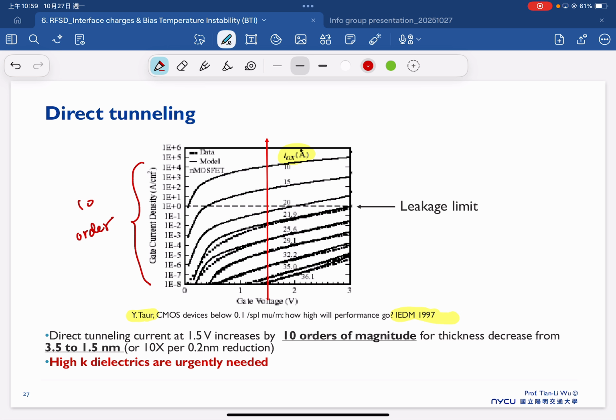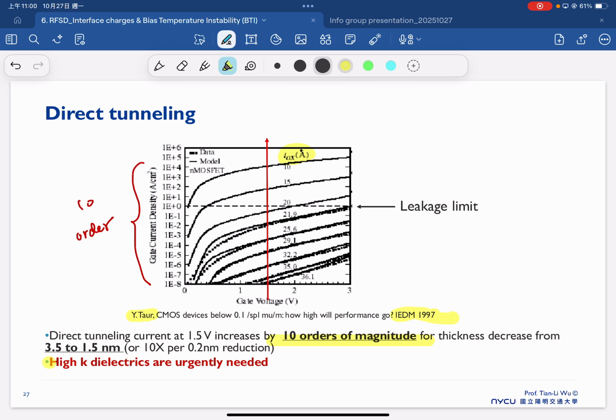So the direct tunneling current increased by 10 orders of magnitude when the thickness decreased from 3.5 to 1.5 nanometers. That exactly shows us that pure SiO2 scaling can cause a huge issue for device reliability, because right now we got a very high gate current, so we cannot continue to scale our dielectric anymore.